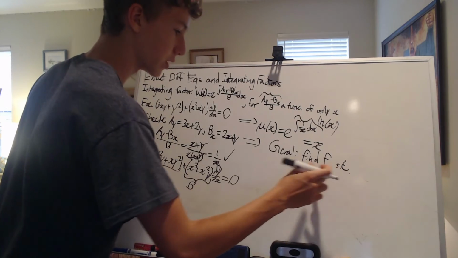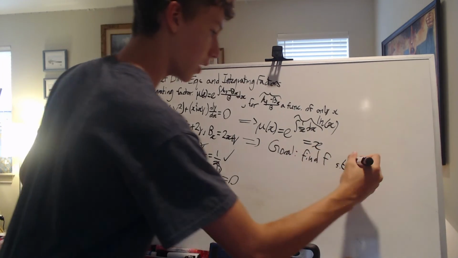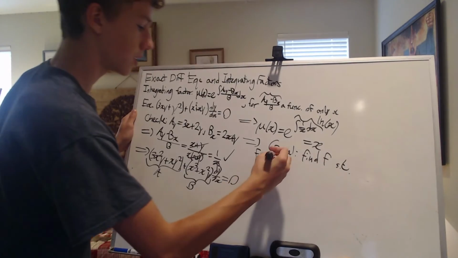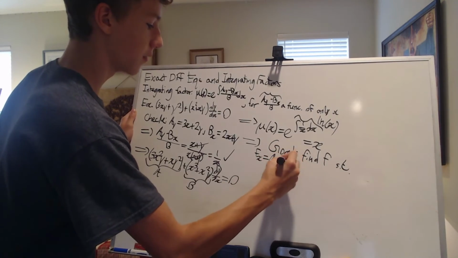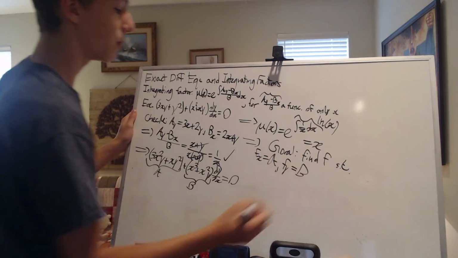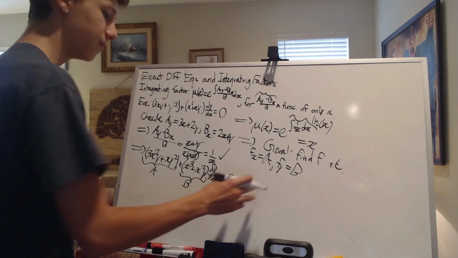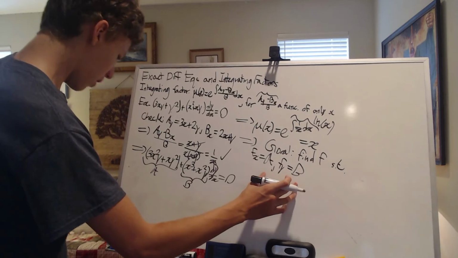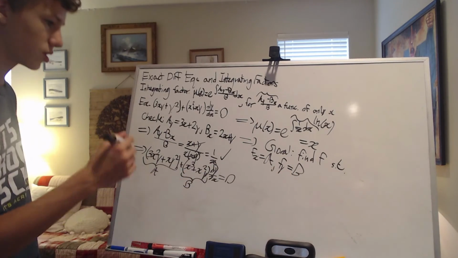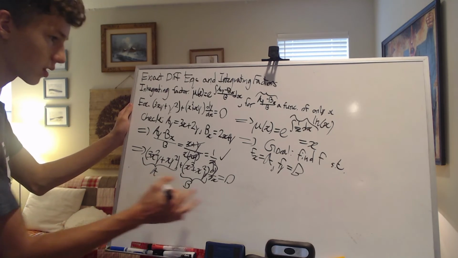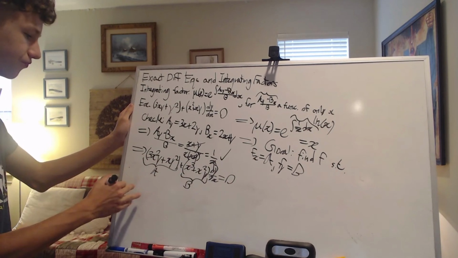So find f such that f sub x is equal to a, and f sub y is equal to b, i.e. the potential function for the vector field (a, b). We covered that in a previous video. Okay, so let's just use our strategy highlighted in the previous video to do this.